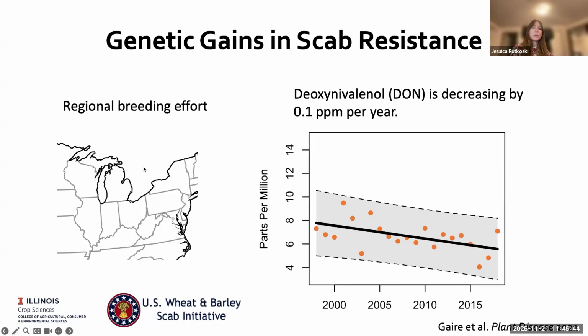And so through a lot of coordinated breeding efforts, we have worked on this disease. By coordination, what I mean is we've got individual states having their own breeding programs, and every breeding program is selecting for all their traits of interest in addition to scab, and making sure they put emphasis on scab resistance.